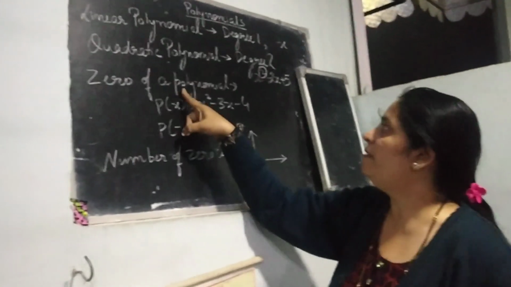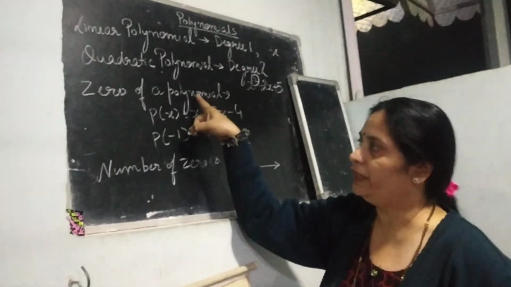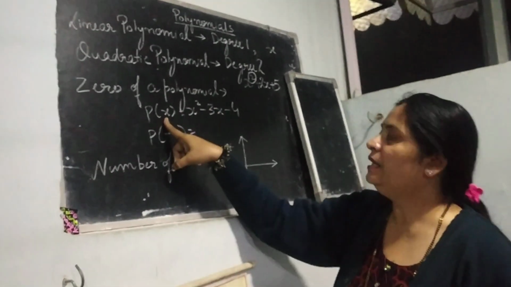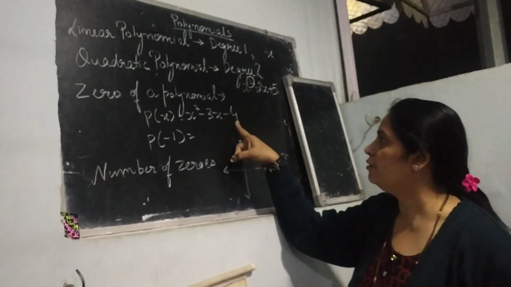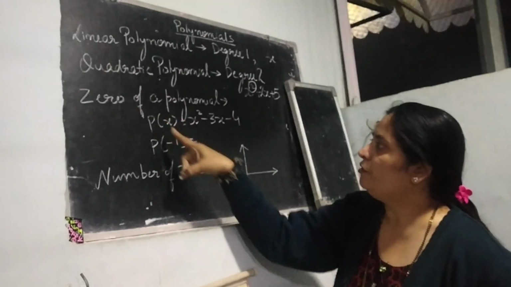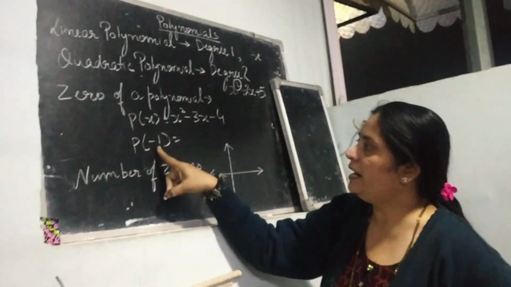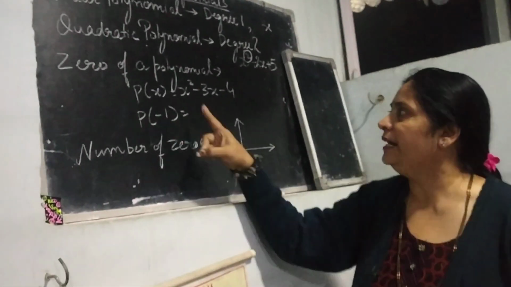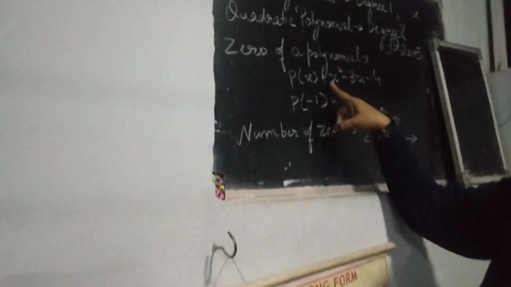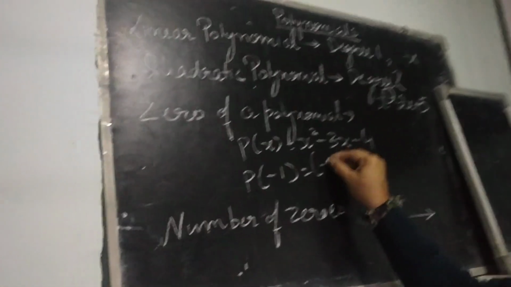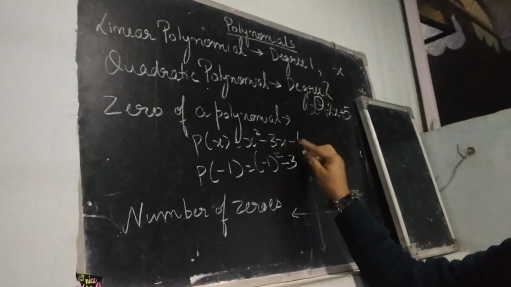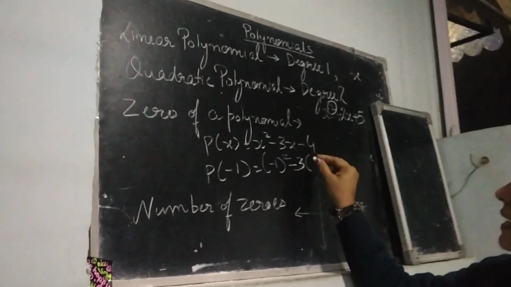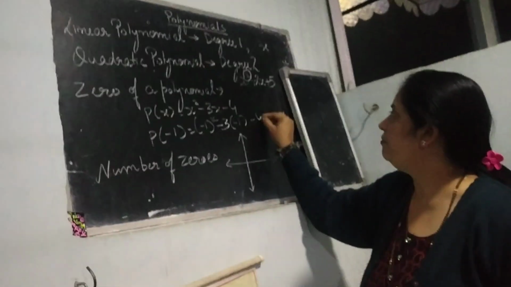Now the zero of a polynomial is a kind of solution only. Suppose this is a polynomial p of x is equal to x squared minus 3x minus 4. Now if you have to find its value at p of minus 1, substitute x is equal to minus 1. So now it becomes minus 1 squared minus 3 times minus 1 minus 4.